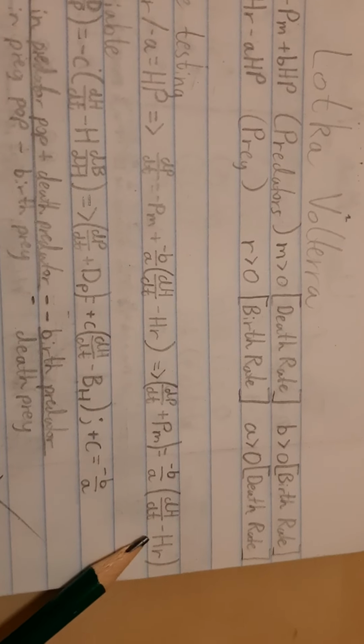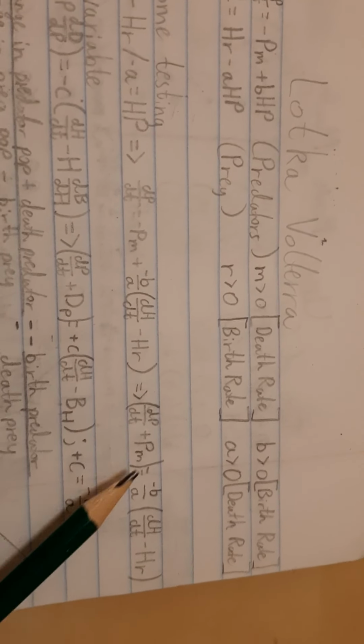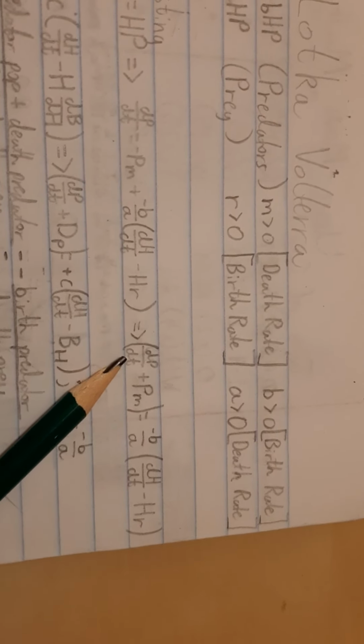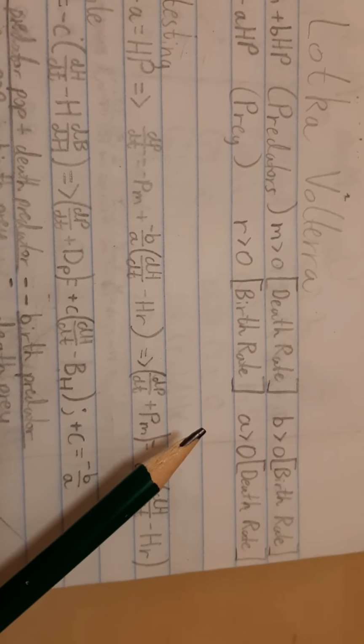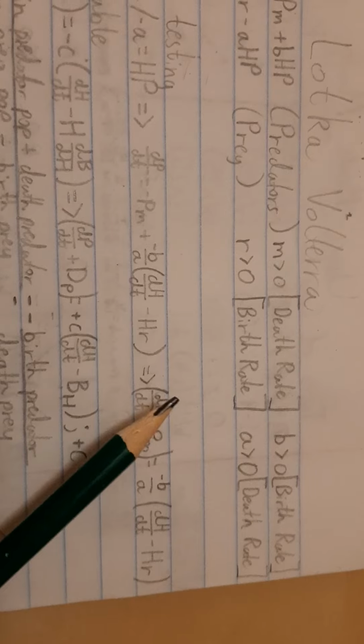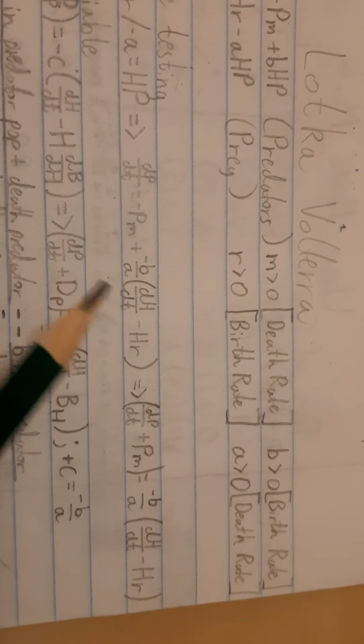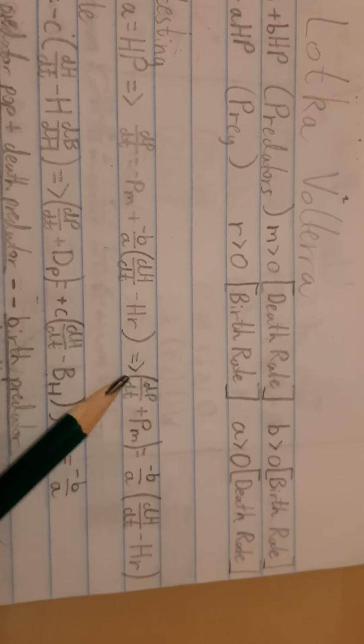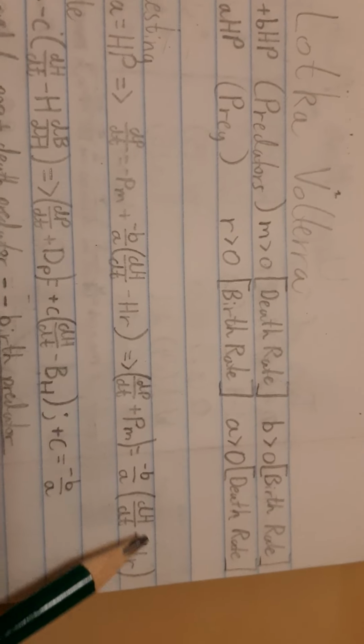And once we do that, we're basically trying to find a ratio between the rate of change of predators and the rate of change of prey.